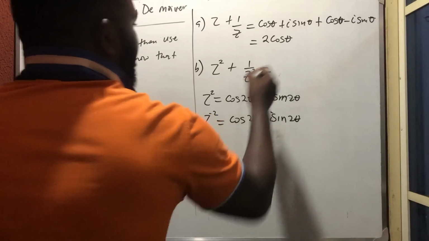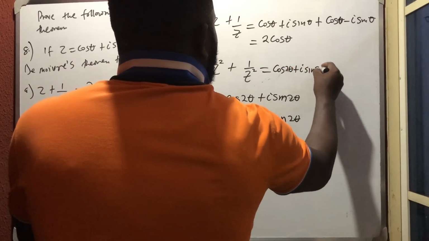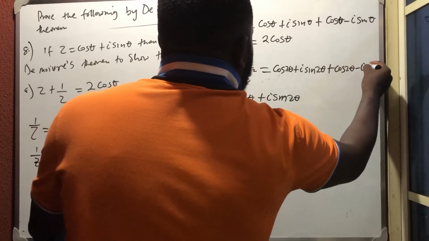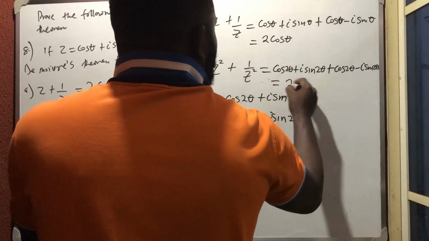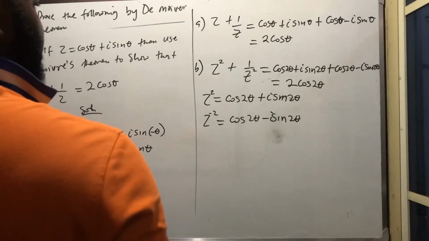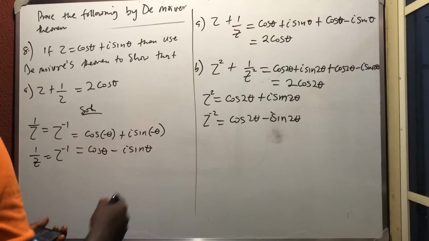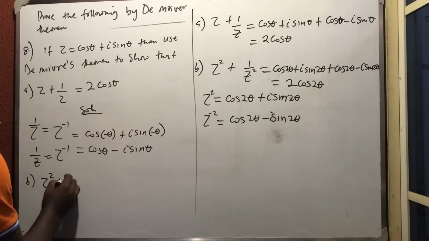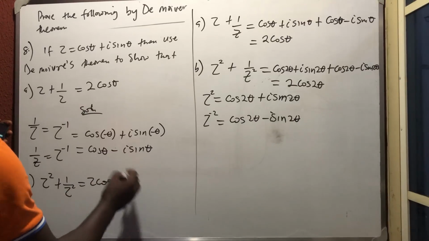If you add both of them, it's cos 2 theta plus i sine 2 theta plus cos 2 theta minus i sine 2 theta. So this and this is gone, and I'm left with 2 cos 2 theta. As simple as that. So we have proved it. Look at B question: they say we should prove that z squared plus 1 over z squared is equal to 2 cos 2 theta. So we proved it.